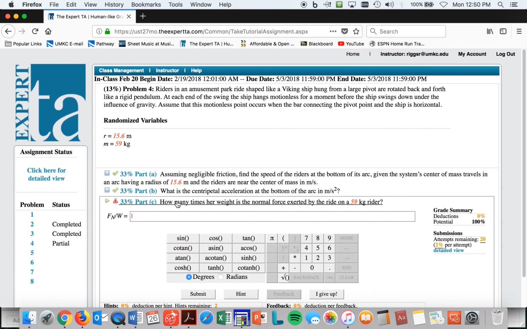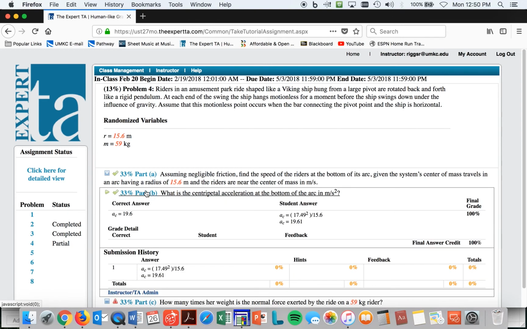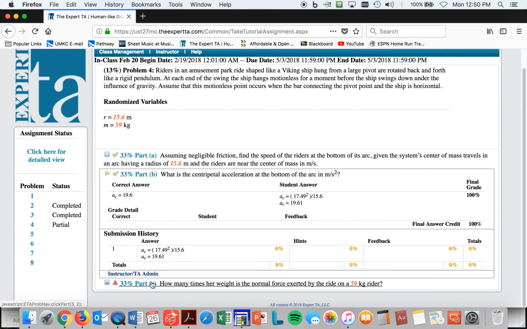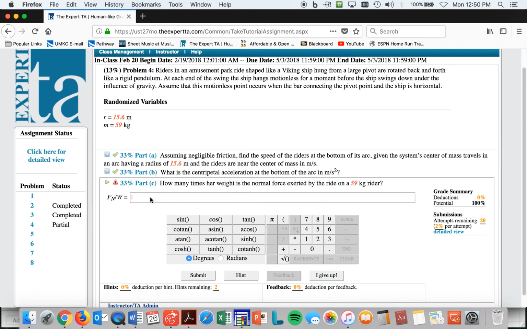And what did I calculate the centripetal acceleration to be? 19.61. Twice. It's 3 times. Let's just go with 3. You saw me do it, so you find out how to get the normal force, and then we just do 3.